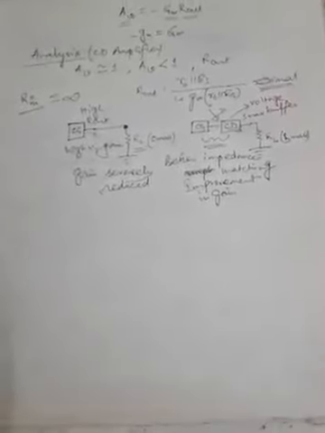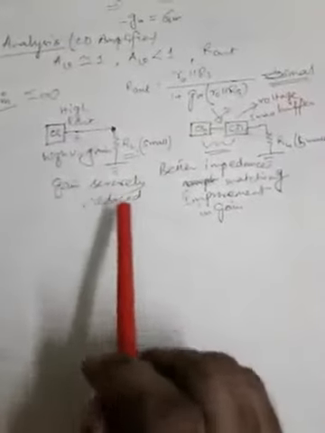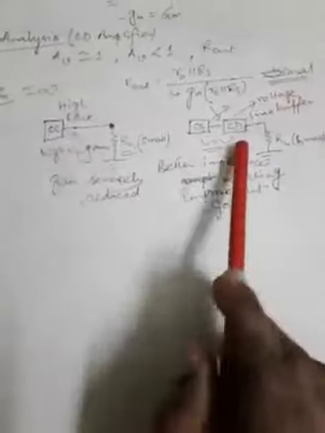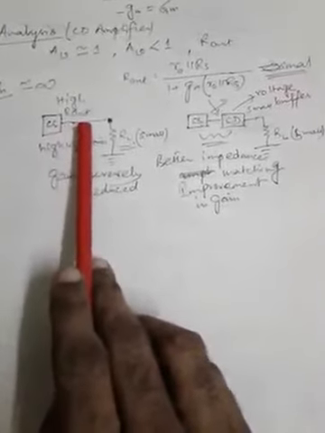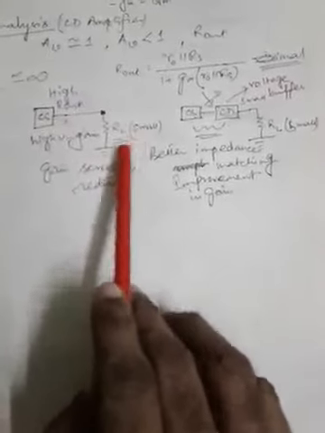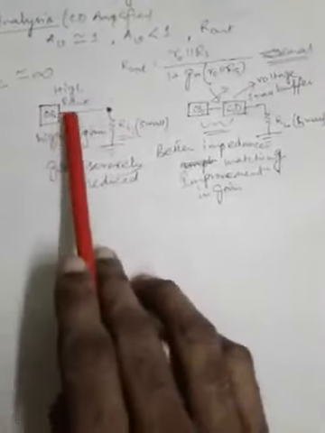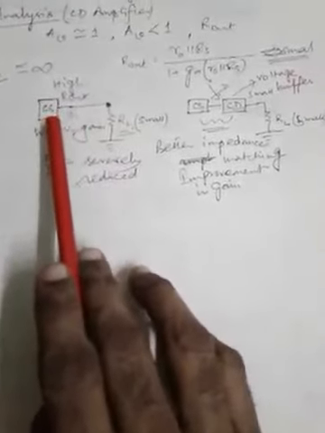So this much we have for the common drain MOS amplifier. Before I conclude this lecture, let us once again summarize between these two configurations. The common source amplifier, having high output resistance, cannot drive a small resistance load, and if such a load is connected to its output, the overall gain will be reduced.